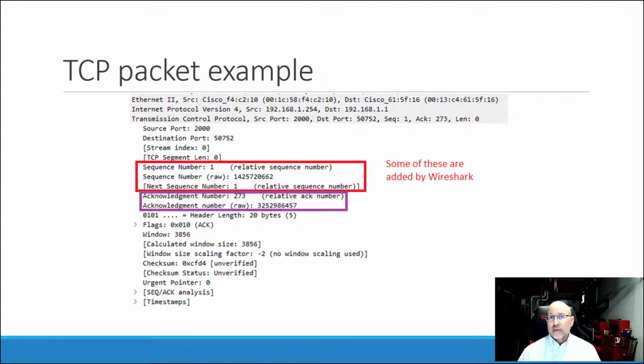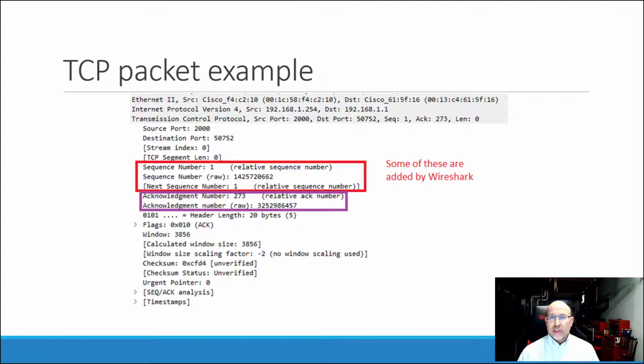The raw sequence and acknowledgement numbers are those actual random number values, and there's the hexadecimal representation and the base 10 as we see here. Now the relative sequence numbers is just Wireshark being very helpful. And that is saying, listen, we could try to keep track of these crazy random numbers because sequence numbers come from a fairly large field, lots of values.